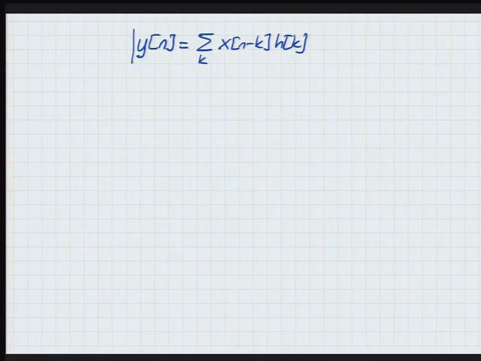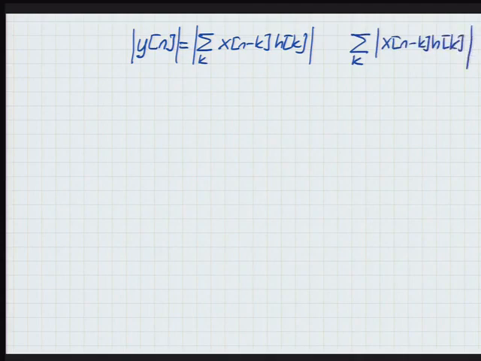Okay, so that's the fact for LTI systems. If I take the absolute value of this, it's the absolute value of this, right? I haven't said anything. It's a vacuous statement, of course. And then this expression relative to this expression is bigger or smaller? Which one is bigger? The one on the left or the one on the right?